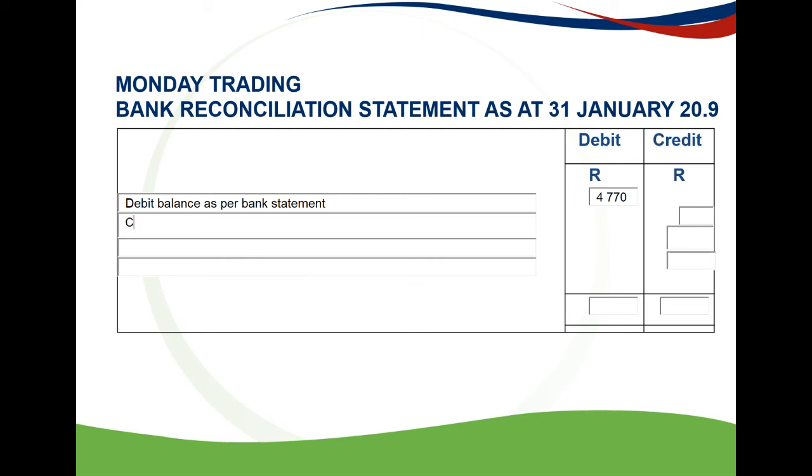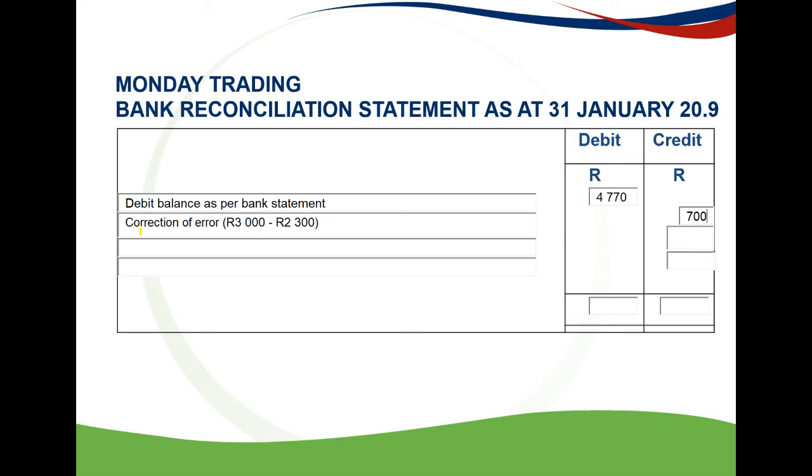So the correction of the error of 3,000 minus the 2,300, and that is the credit of 700.